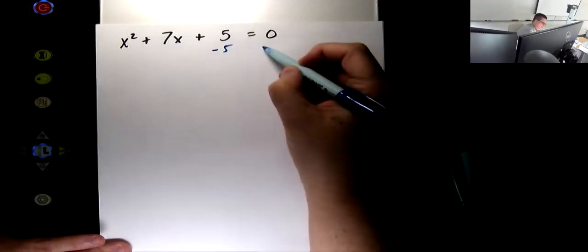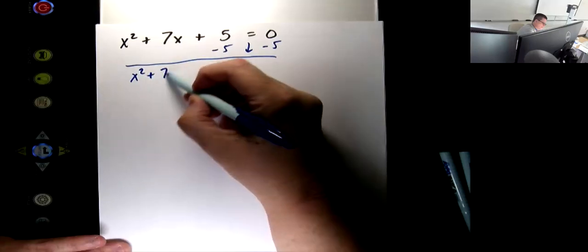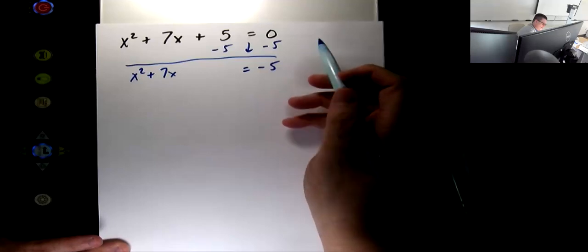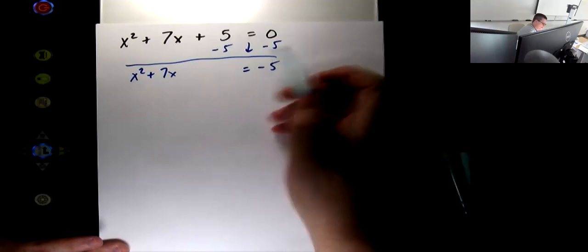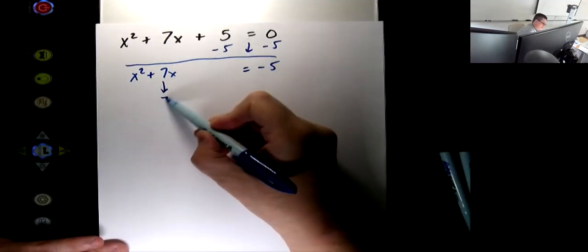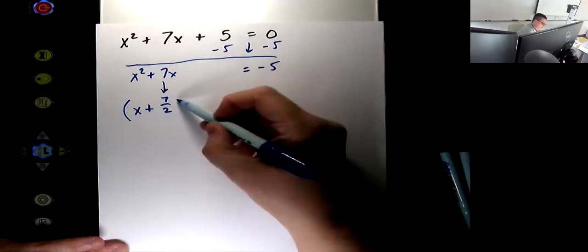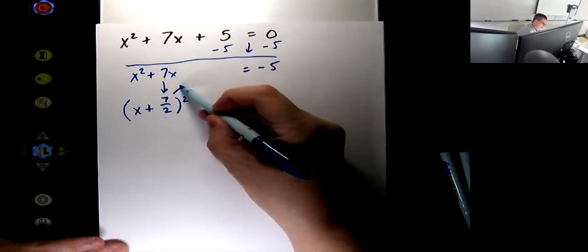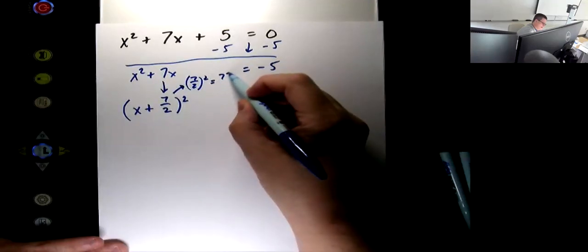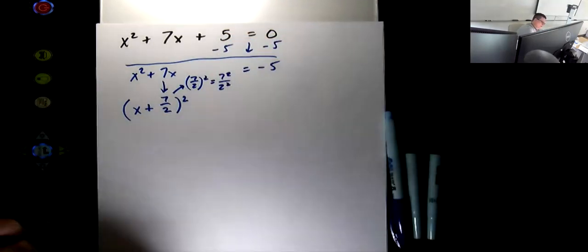Hopefully you started off with moving the 5. This is where the pain in the butt begins. 7 divided by 2 doesn't give me a nice little pretty number, but I do need it divided by 2. So I'm gonna have x and then the plus sign will be a plus. That's what I want to square. 7 halves squared is 7 squared on top, 2 squared on bottom, so this is 49/4.